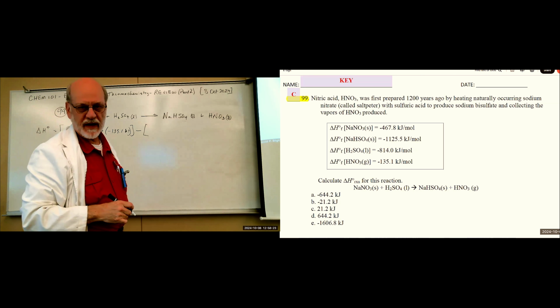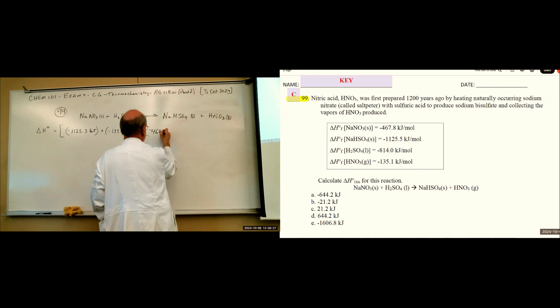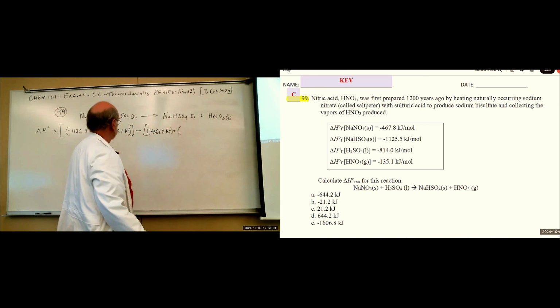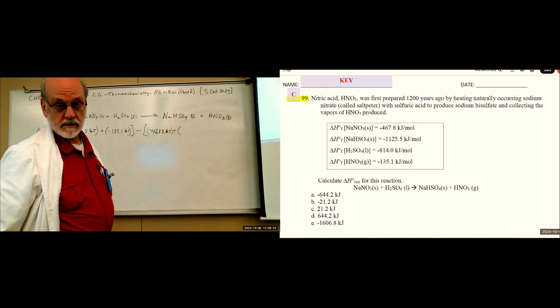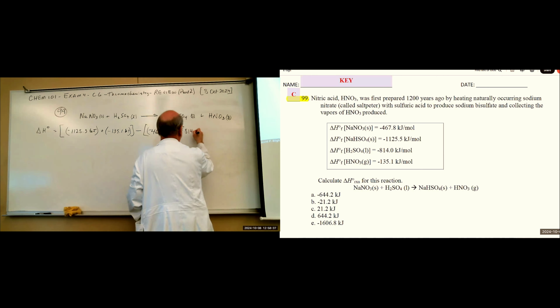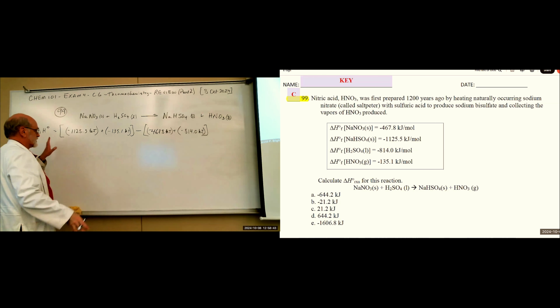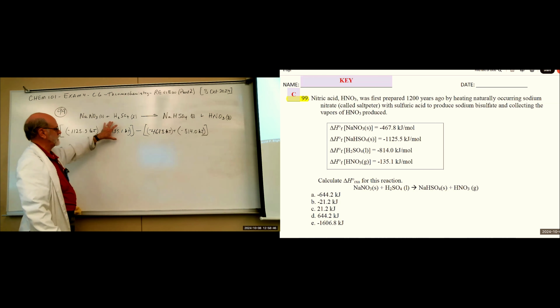So saltpeter is minus 467.8 kilojoules. And sulfuric acid is minus 814. There we go. So all you have to do is pay attention to your signs. This is going to give you a negative.